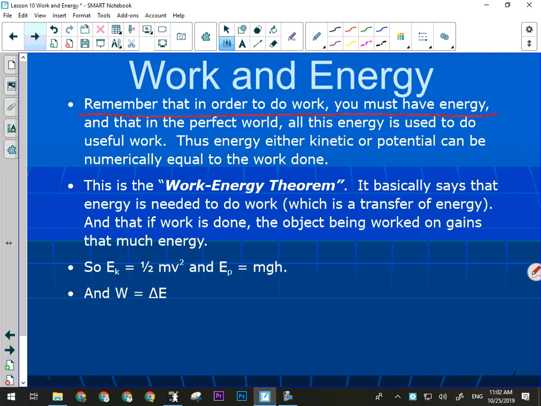So in the case of the work-energy theorem, if I want to lift something and it's going to require 200 joules worth of energy, I have to have 200 joules worth of energy, otherwise I won't be able to do that job. Does that sort of make sense? In a perfect world, it's always going to be 100% transfer. In the real world, it's never that way because nothing is 100% efficient, but we're going to treat everything like it is.